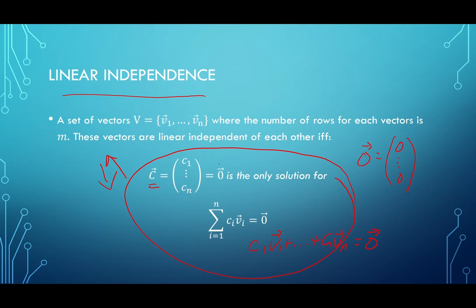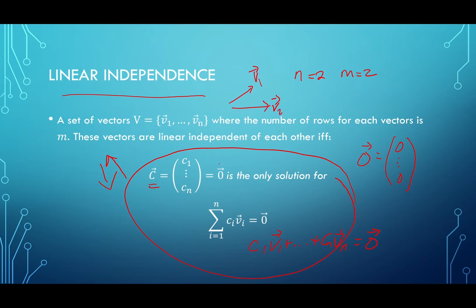Okay, so maybe it's not making any sense when you first look at this, but let's consider some special case. Let's just consider that when n equals 2, and m equals 2, suppose we have vector v1 and we have vector v2.